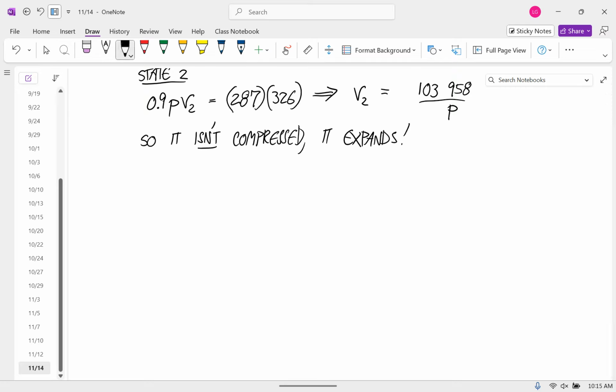So going back to what I introduced last time, I gave the second law for control volumes.